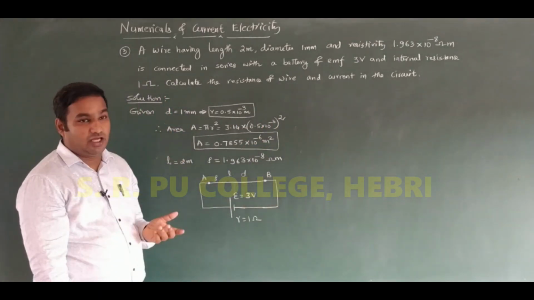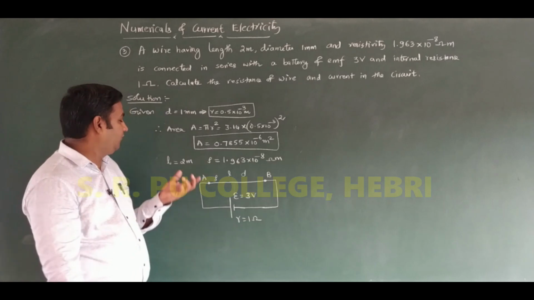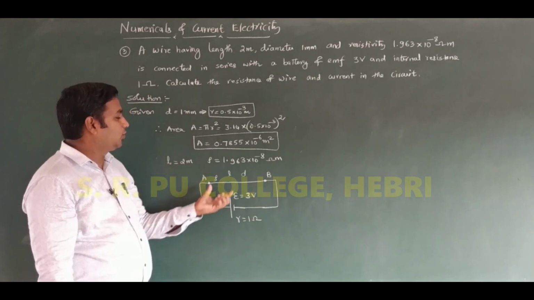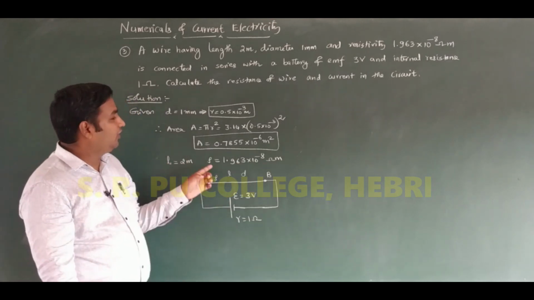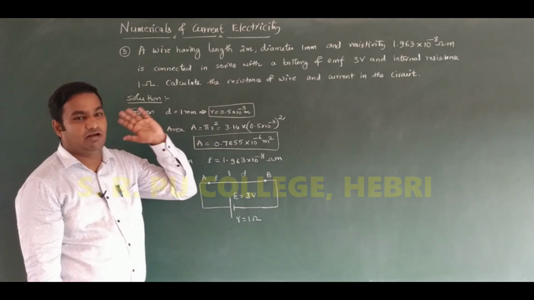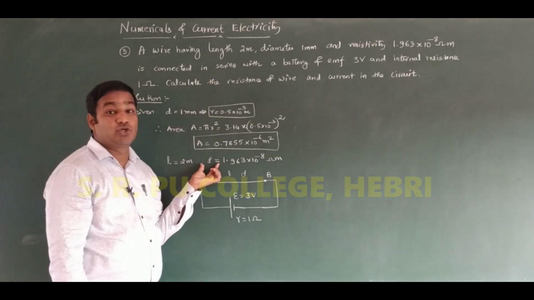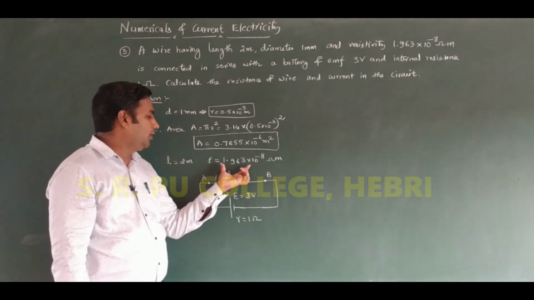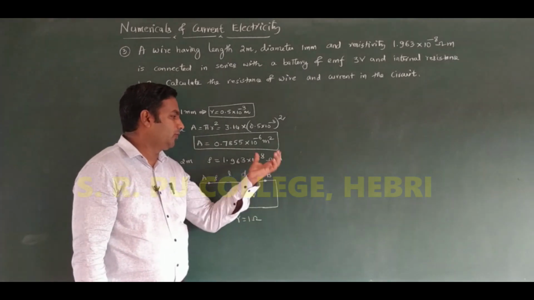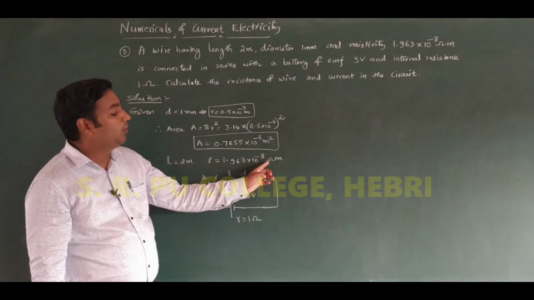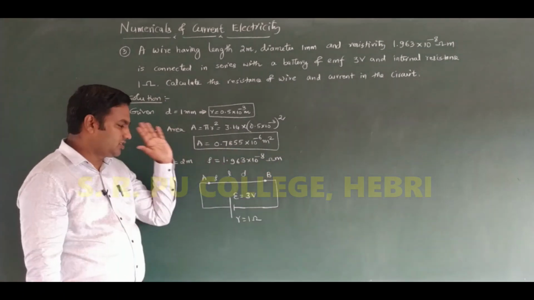Not only that, they provide the length of the given wire, 2 meter, and the value for resistivity of the given metal of the wire, taken as rho. Rho is equal to 1.963 into 10 power minus 8 ohm meter, which is the unit used to measure resistivity.